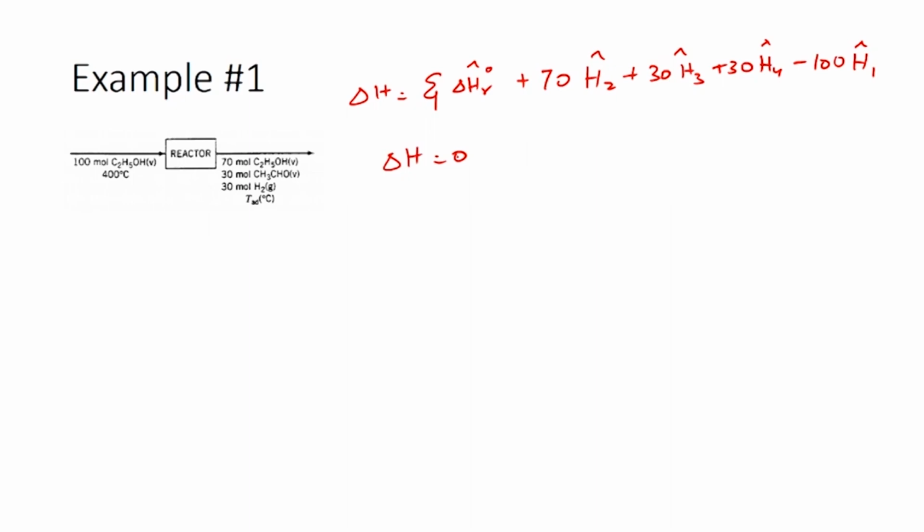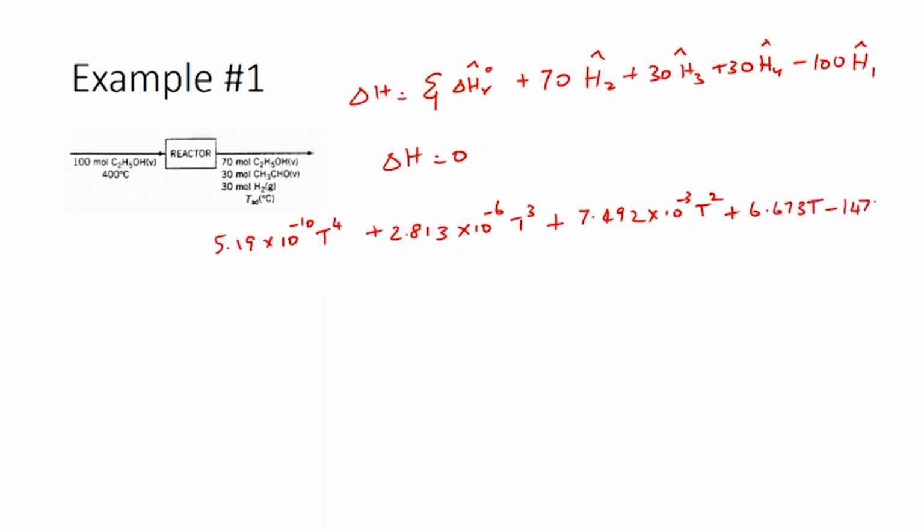So, what you end up with is a polynomial equation: 5.19 times 10 power minus 10 T power 4 plus 2.813 times 10 power minus 6 T cube plus 7.492 times 10 power minus 3 T squared plus 6.673 times T minus 1477 equals 0. This would be the polynomial you would have to solve to get the value for T.